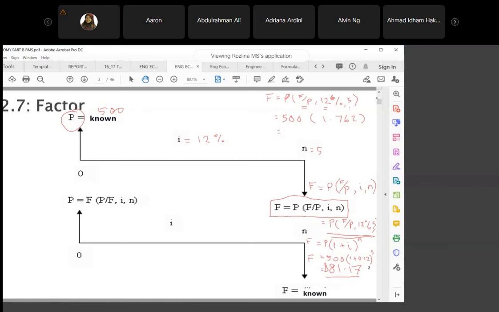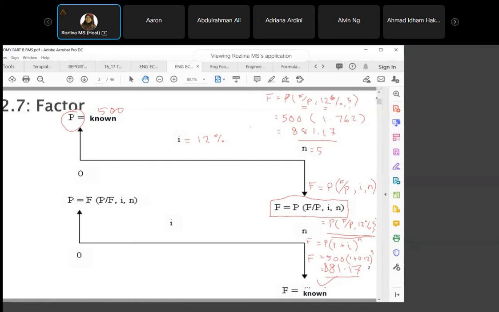Should be same lah. Sama, 881. Maybe the difference is only the decimal points here. See?